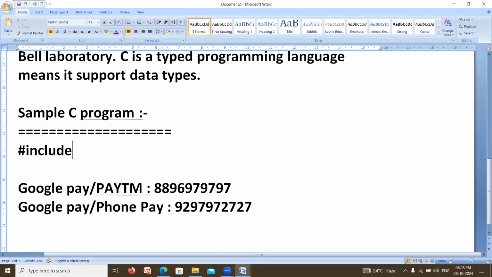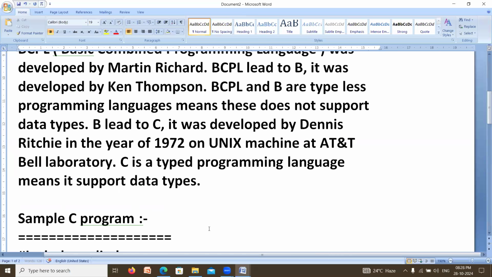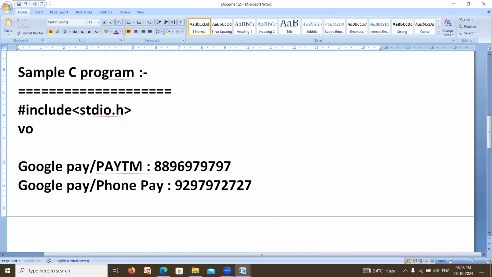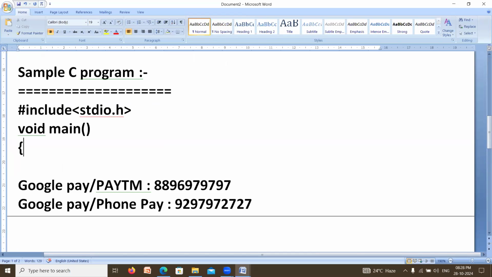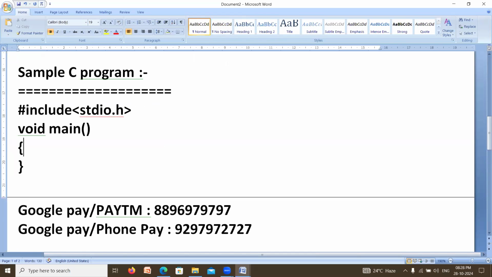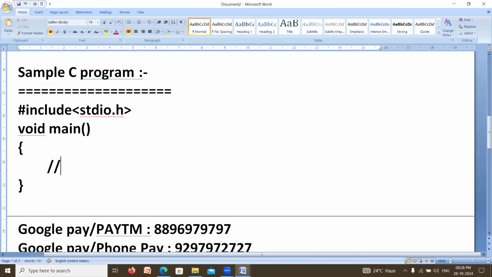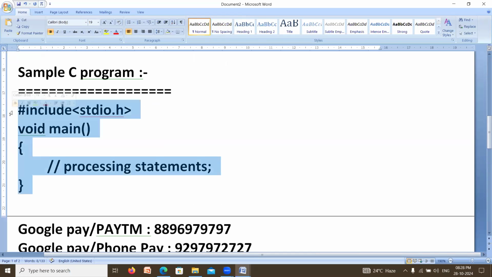Hash include stdio.h, you have to write on top. After that, we have to write a main method, void main. Inside the two curly brackets, you have to write the solution. That is called processing statements. It is the sample C program.